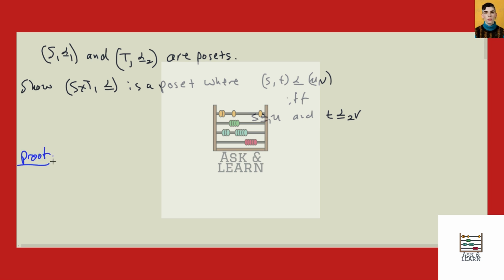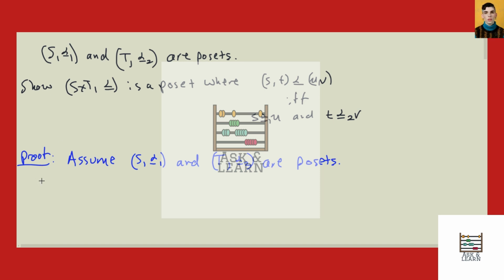So first, let's get all of our assumptions out of the way. Assume that S with this first ordering and T with this second ordering are posets.